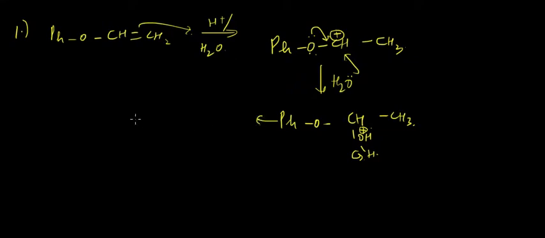So this would form our compound like this one. Now, this is our hemiacetal. If you look closely, hemiacetal is nothing but a compound with an ether group and an alcohol group on the same carbon.